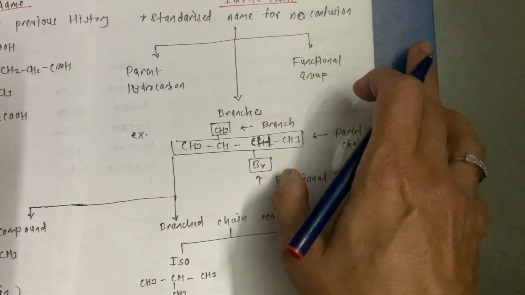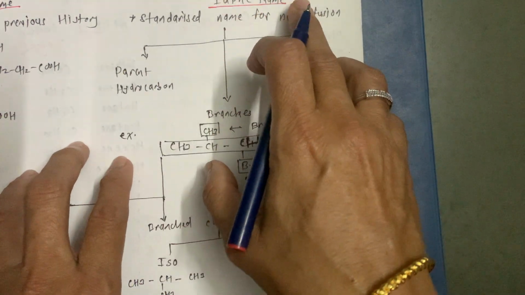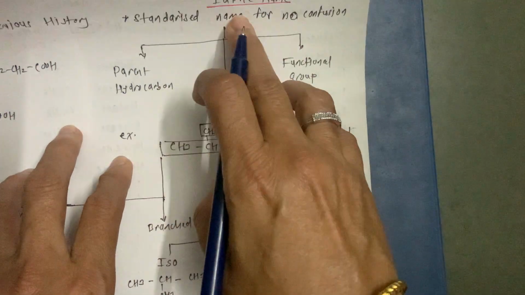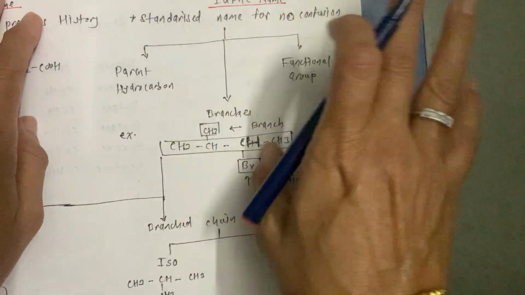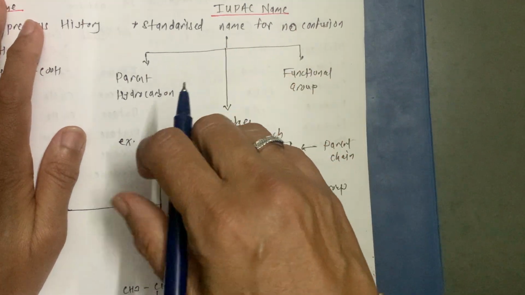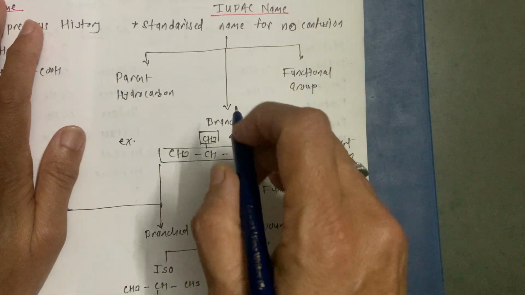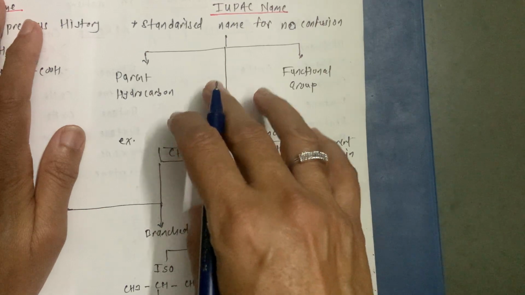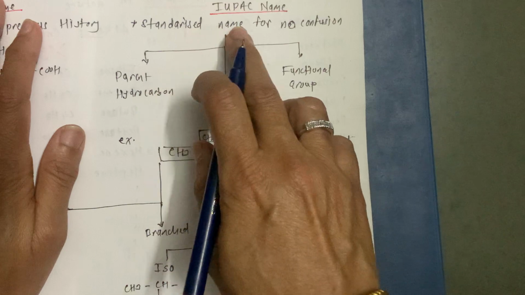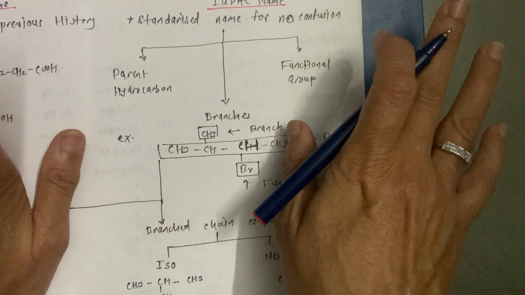Now we are going to see this IUPAC nomenclature system or IUPAC name. This is the standard name for no confusion. Very clearly and systematically we can give a name to any organic compound, and so this is known as a standardized name for no confusion.